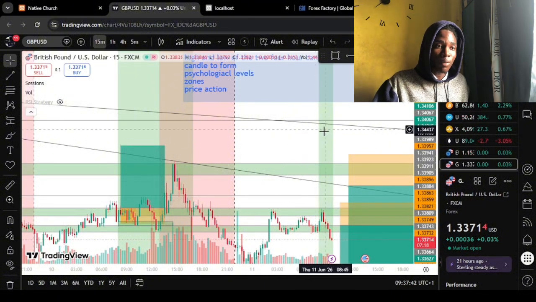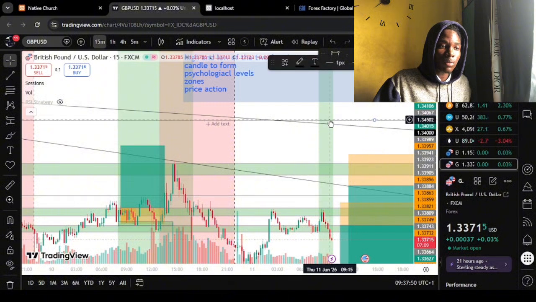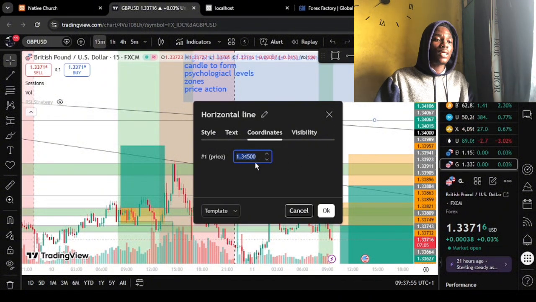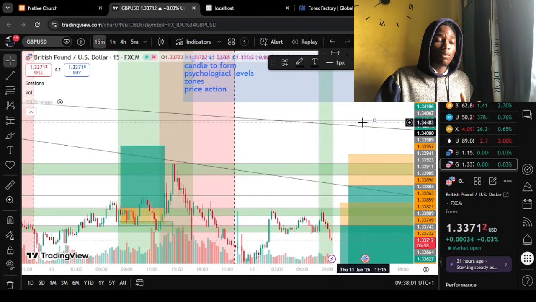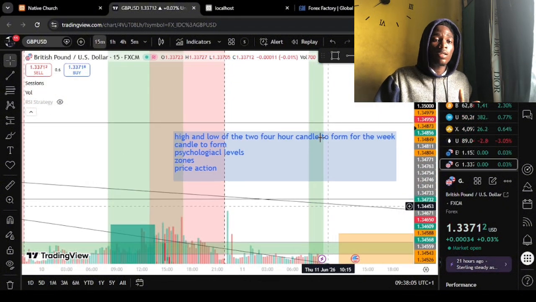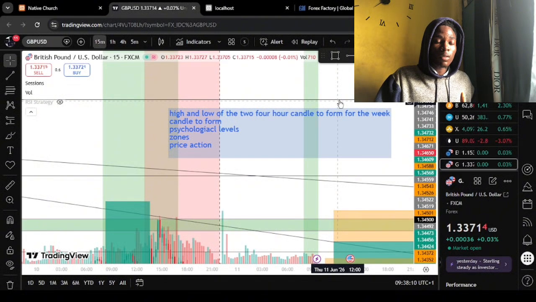So if I map, for example, let's check the coordinates of this one so we can see. So okay, let me do that again. So you can see this is 1.34500. Now the next psychological level above it is going to be 1.3500.